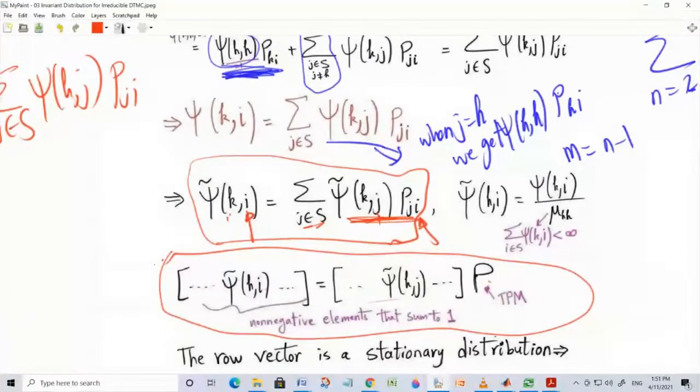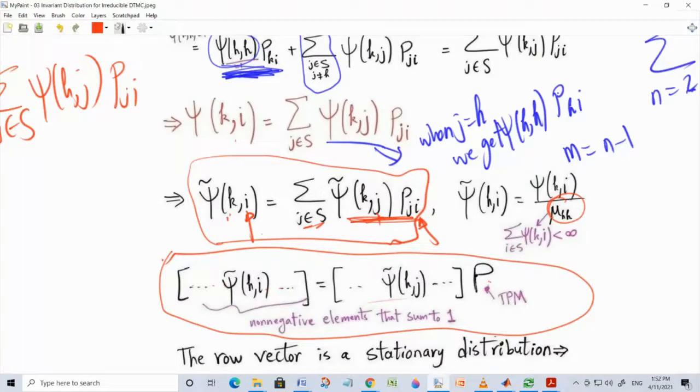So here we proved that there exists a stationary distribution. All those entries are probabilities. The average number of visits is non-negative, and these vectors sum to 1, because we did this normalization step, which required dividing by mu kk, which is a finite number.